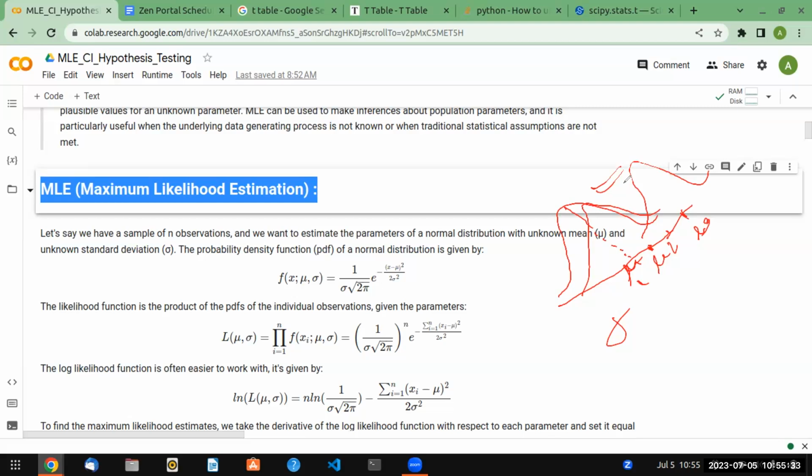One question here. You said we have the data, right? If we have the data and mu is the mean calculated from the data itself, then why do we say that the mean is unknown? We have the data, but you will see how to calculate the mean here.